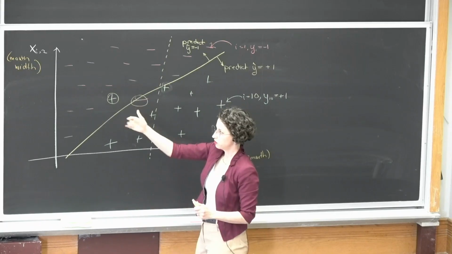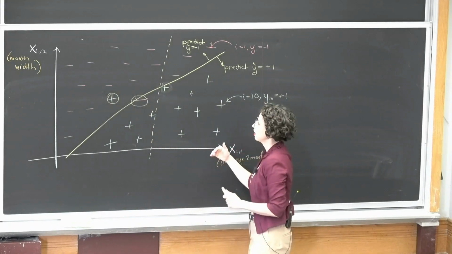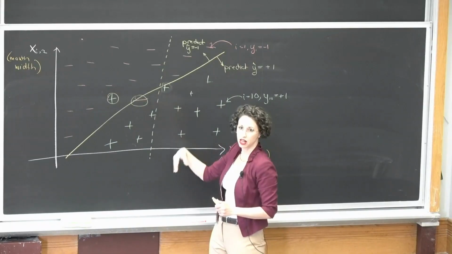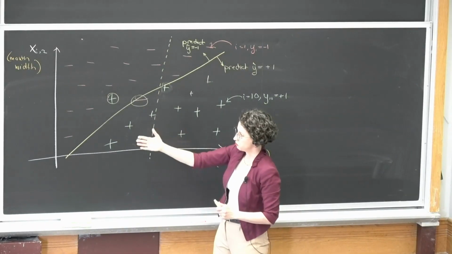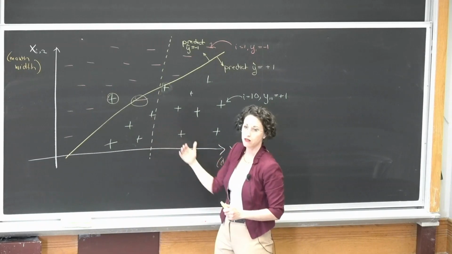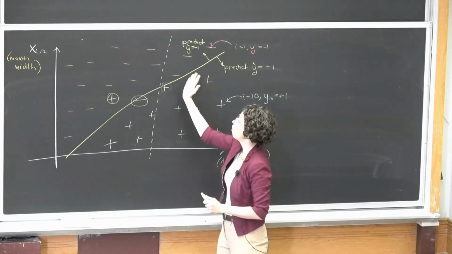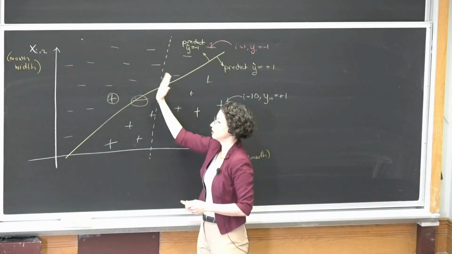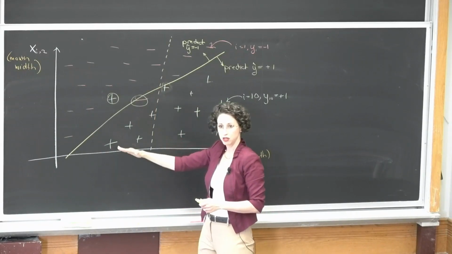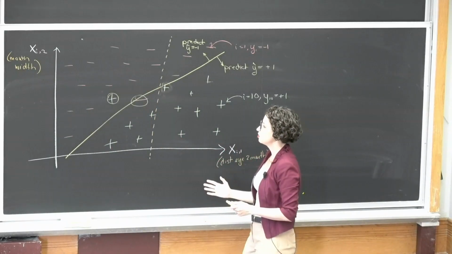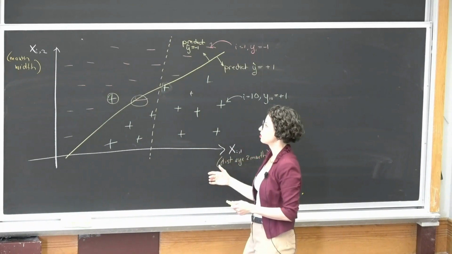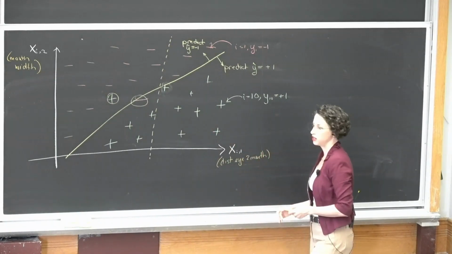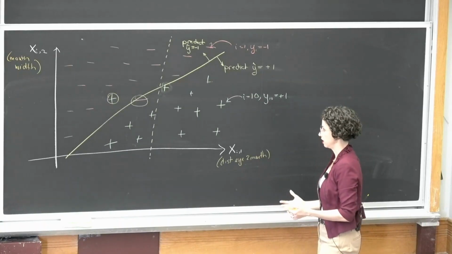And so our loss function is telling us how bad of a model this solid line is. When we are doing our learning of the model, it means we're searching over all these candidate models, in this case all different lines of different slopes and different intercepts, and choosing the one that minimizes our loss, in this case perhaps minimizing the number of errors we make on the training data.